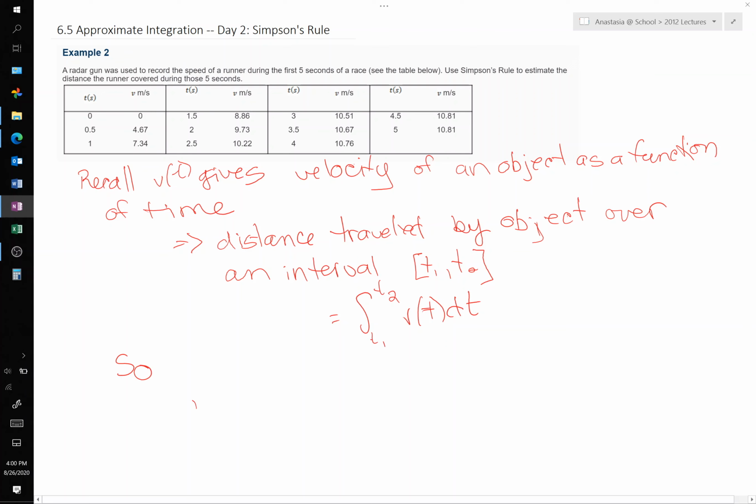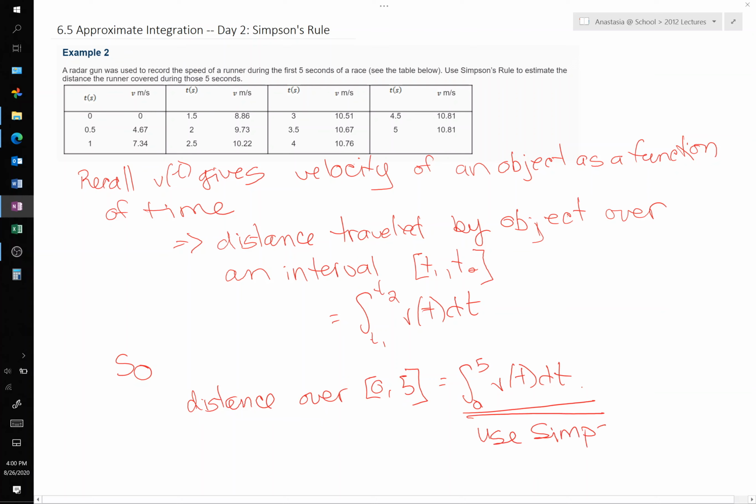So if we want the distance over the first 5 seconds, then we're going to integrate from 0 to 5 v of t dt. So this is where the integral comes in. Now this integral, we're going to use Simpson's rule to approximate.